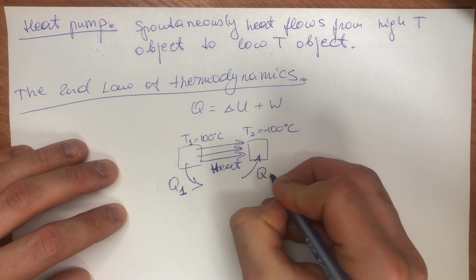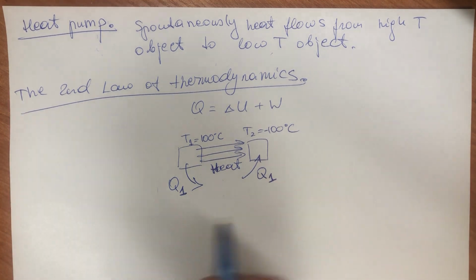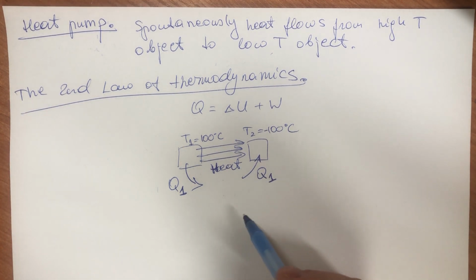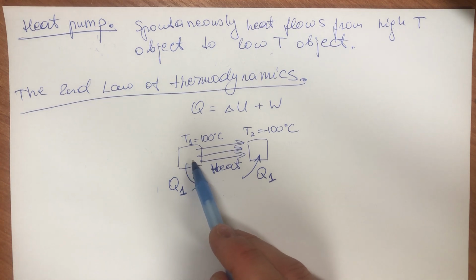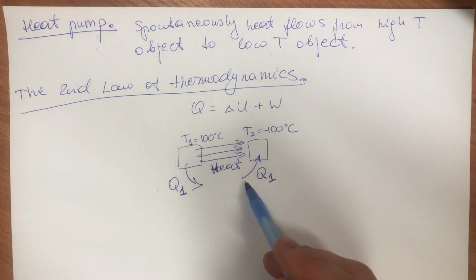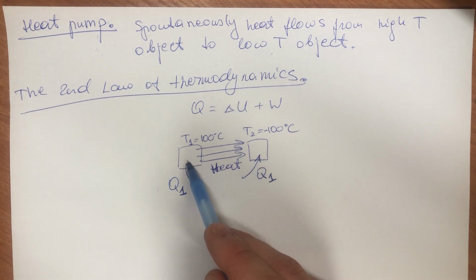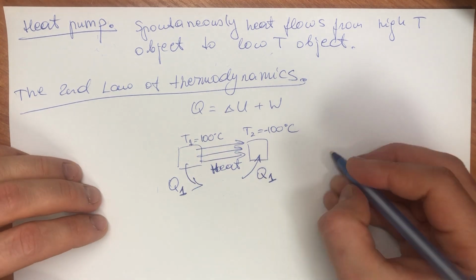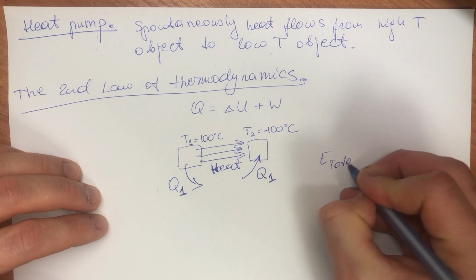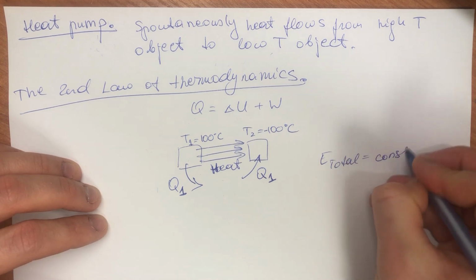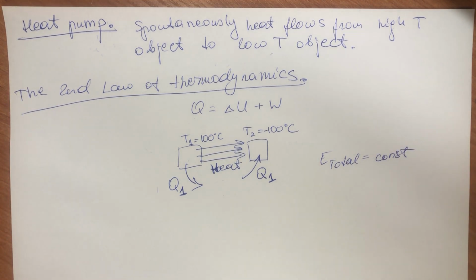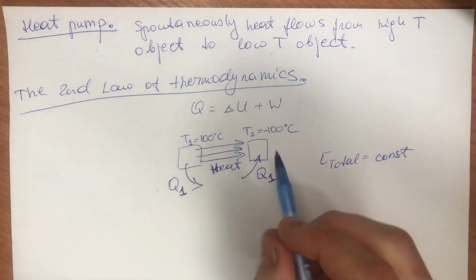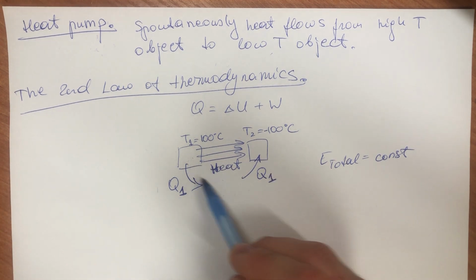This Q1 comes to here. So it's concerned with energy balance. What heat leaves, that heat must come here, because energy is constant. It cannot disappear. So this law deals with energy balance.